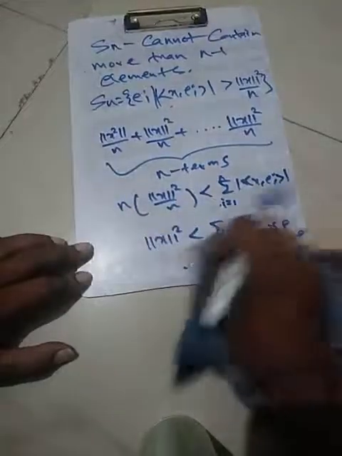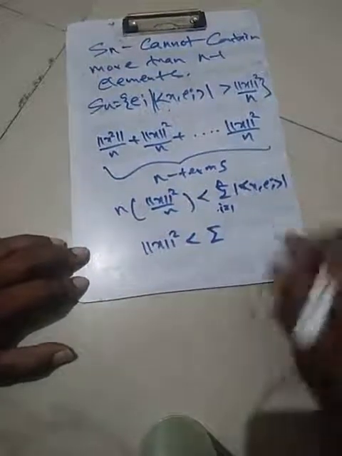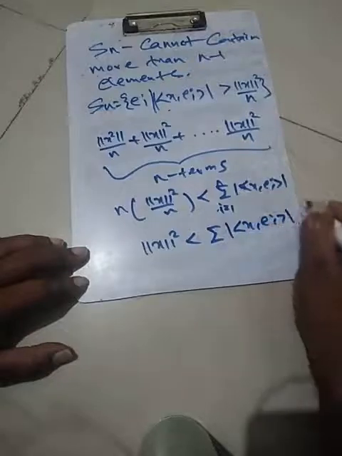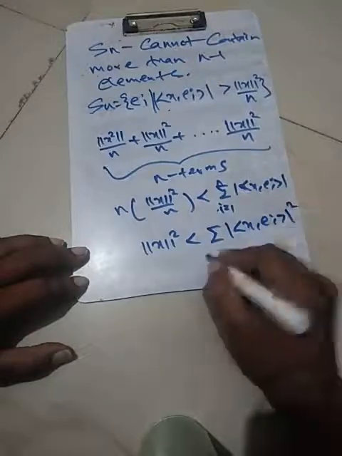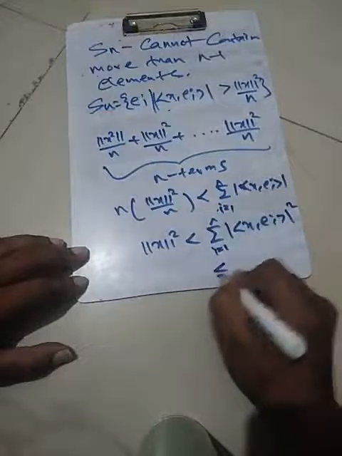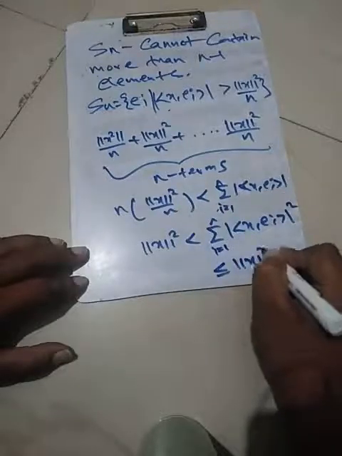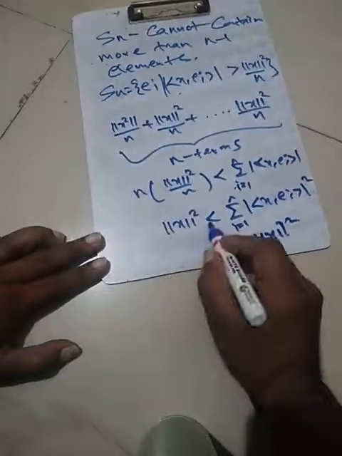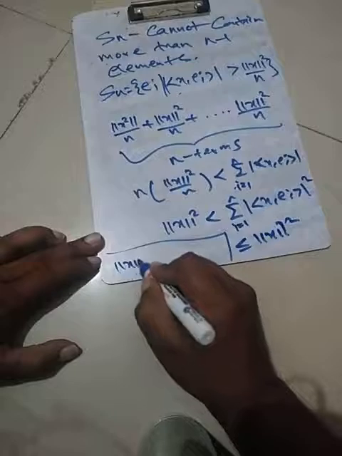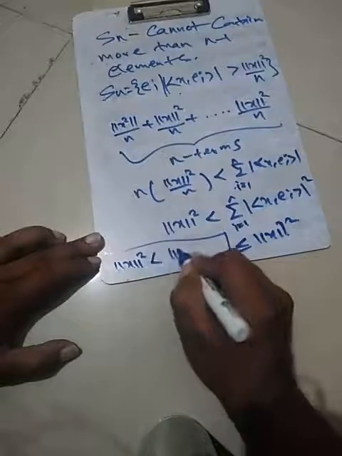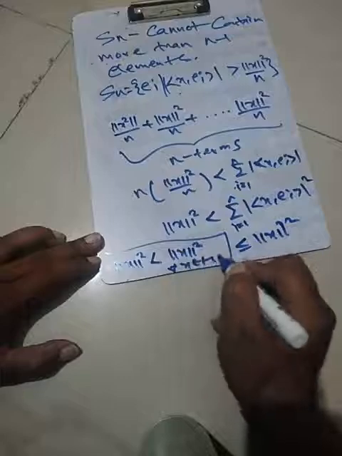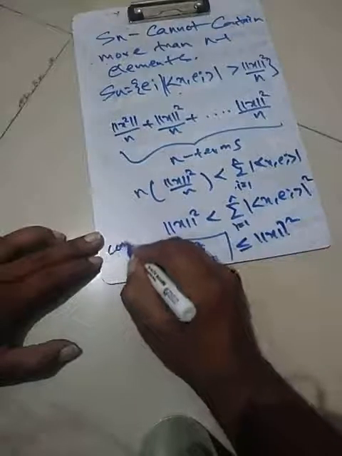By the Bessel inequality, what I had just written, it is bounded by norm of x square. So there is a strict inequality here. This implies that norm of x square is strictly smaller than norm of x square for all x belonging to A, and this is a contradiction.